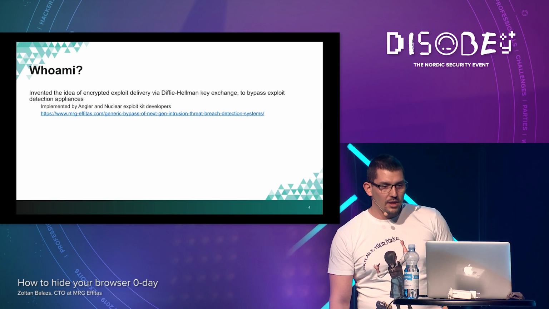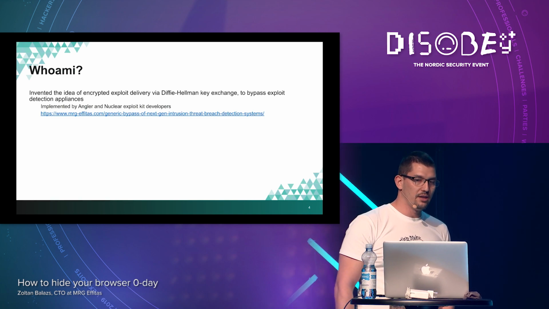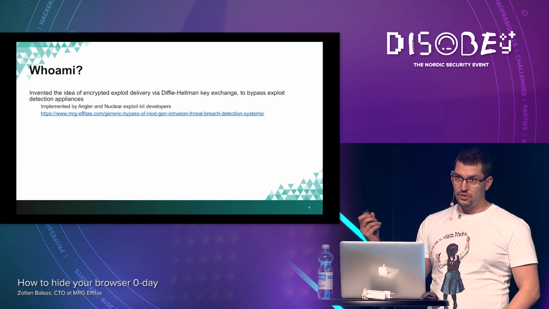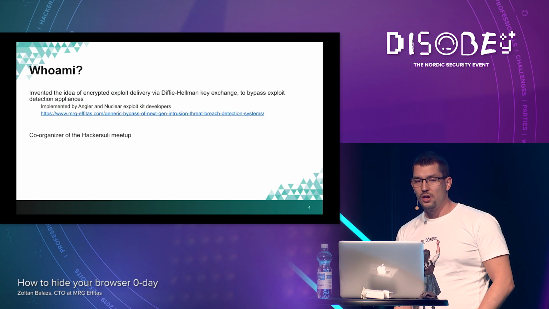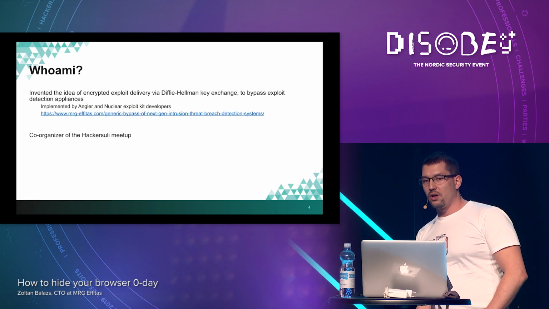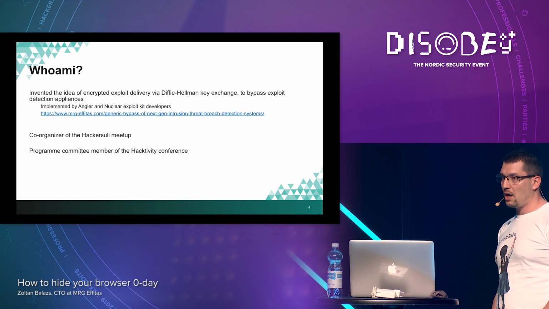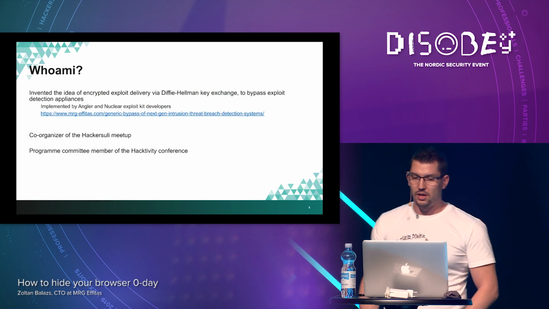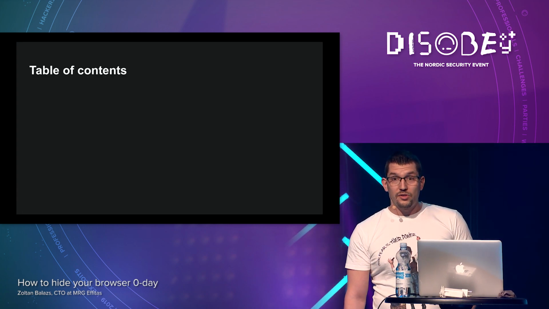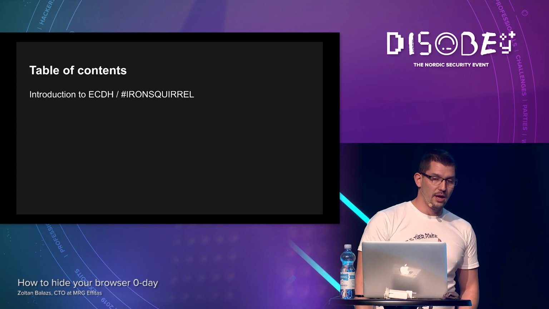And I also invented the idea of encrypted exploit delivery, which is going to be the topic of this talk. I'm the co-organizer of the so-called Hacker Shuli meetup in Budapest, and I'm in the program committee of the Hacktivity conference.